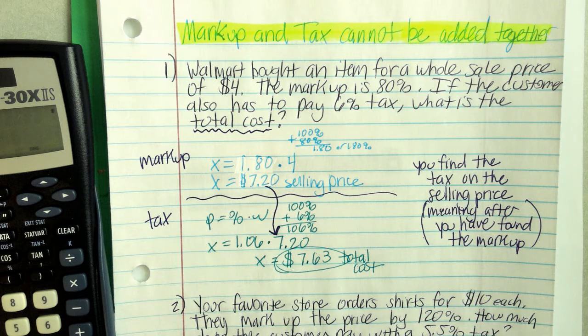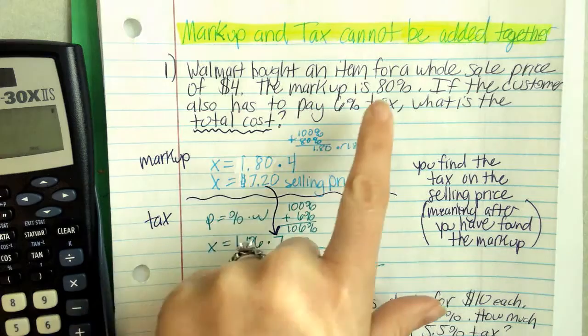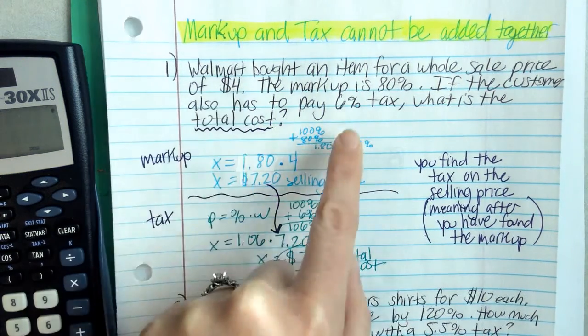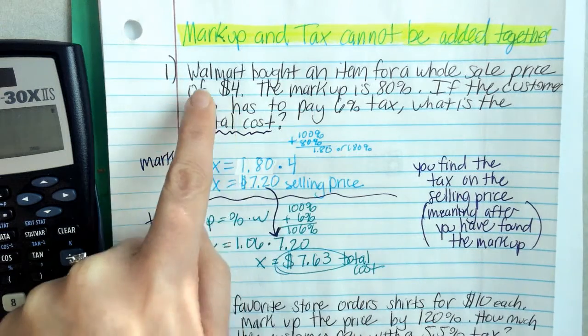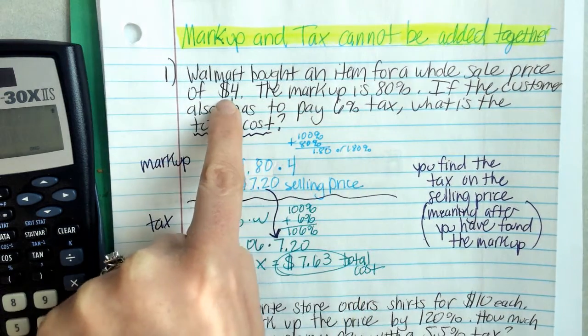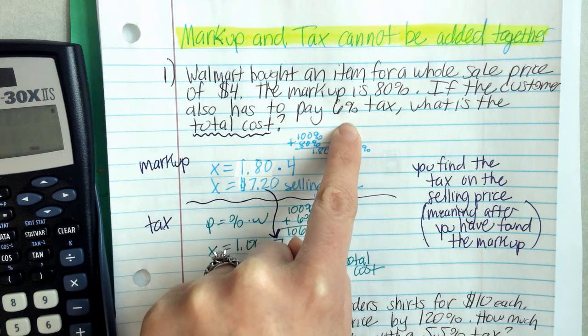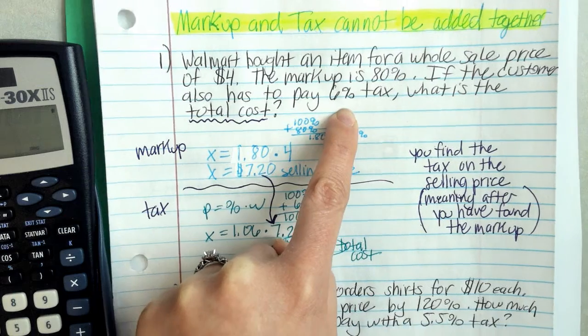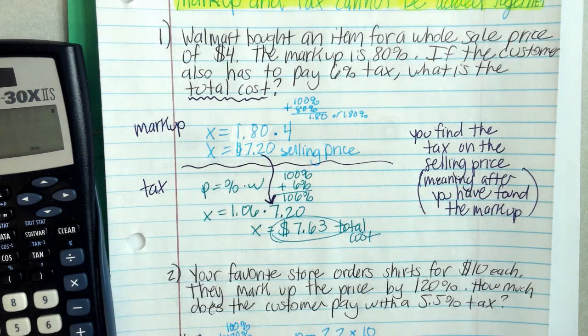The markup is 80%. If the customer has to pay 6% tax, what is the total cost? Well, on this one, we have to find 80% of $4, but we are not finding 6% of $4. We're not taxing what Walmart paid, we're taxing what we pay with the markup, and we don't know that number yet. So you kind of have to break this up into two problems.